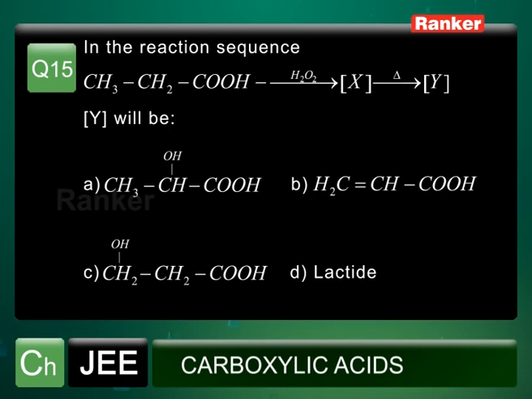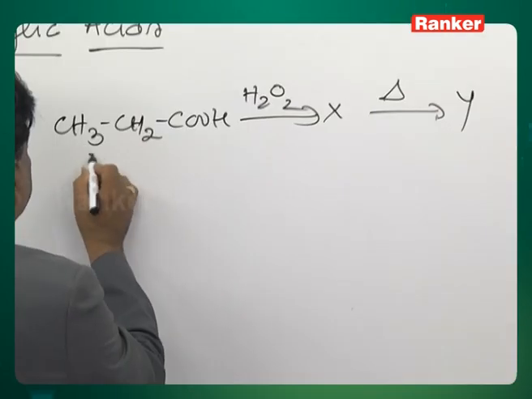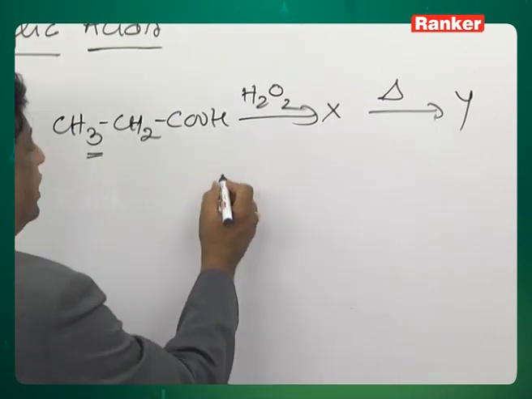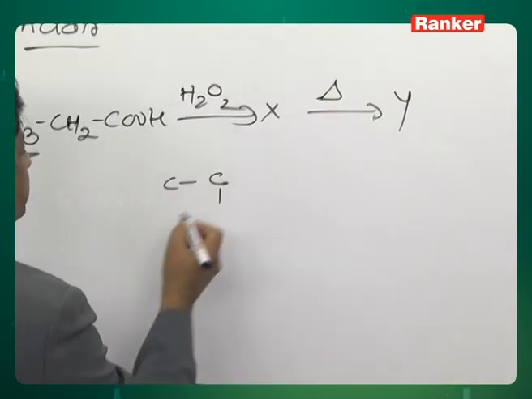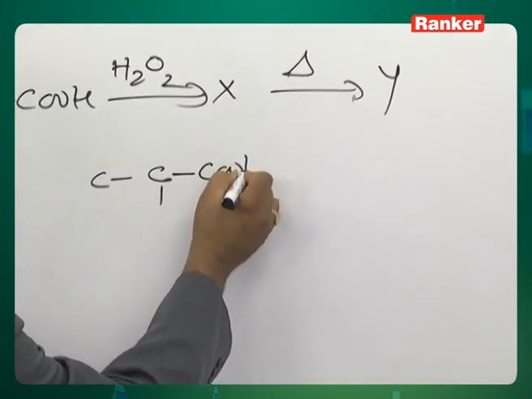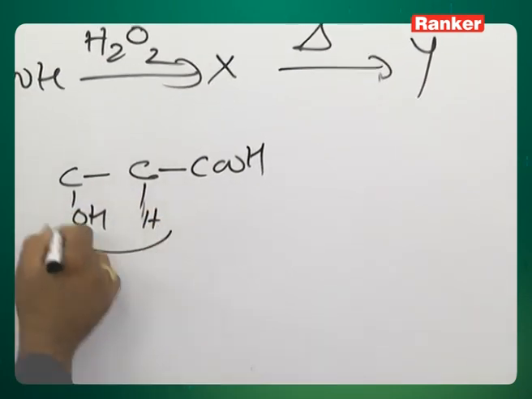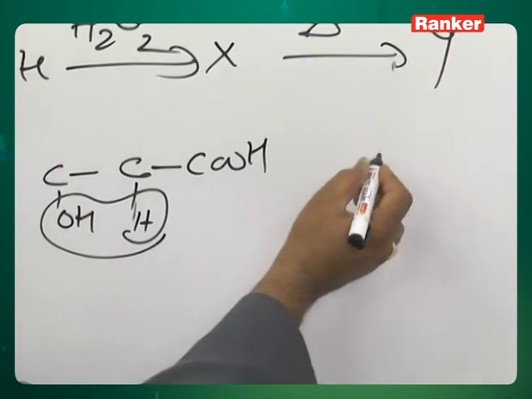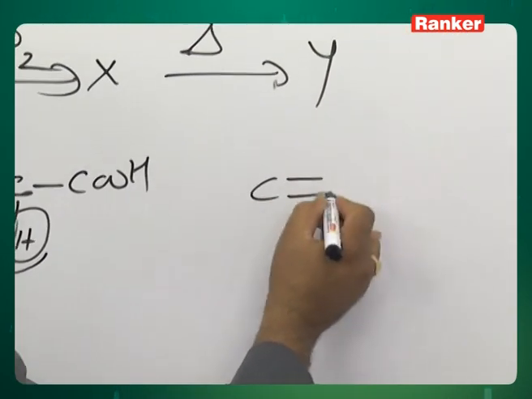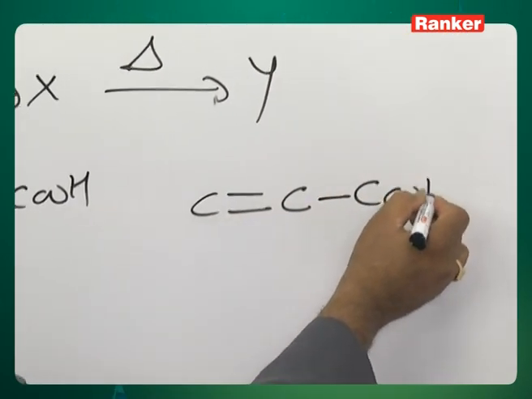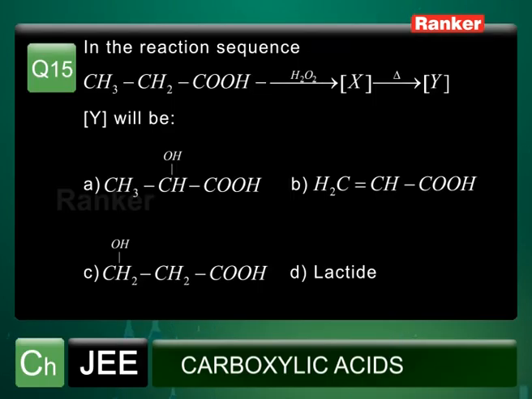In this reaction, the hydrogen peroxide goes to the beta carbon, so the beta carbon undergoes hydroxylation. This then undergoes decarboxylation, so Y must be an unsaturated carboxylic acid. That is the right answer.